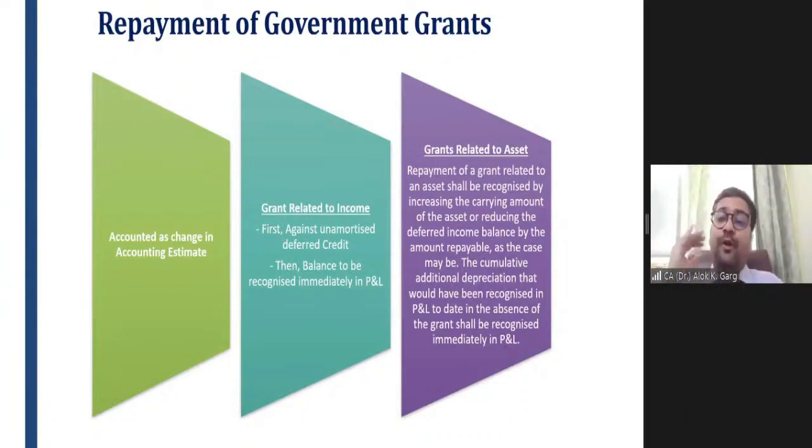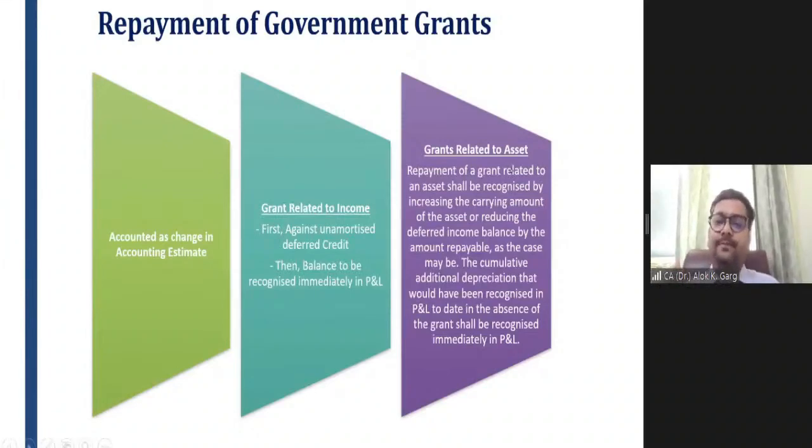The entity wants to protect the P&L, and that is why they demonstrated it in such a way. But the entity was neither taking any efforts for compliance of the condition, or the entity had just prepared artificial documents. So of course this is an error, and let me tell you, error includes fraud also. When you read Ind AS 8, it says that error includes intentional mistake as well as unintentional mistake. So error includes mistakes and frauds both.